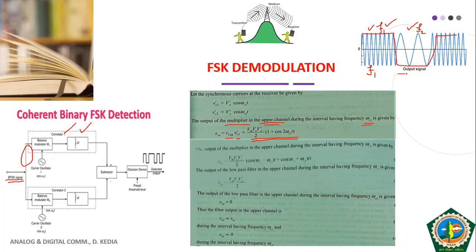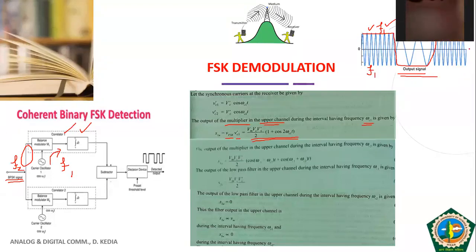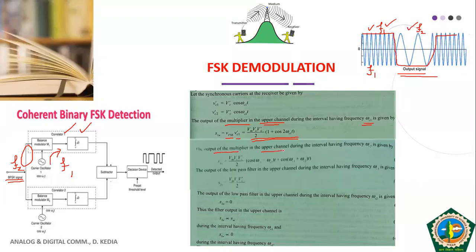Then subsequently we get the F2 frequency at the input from the FSK signal. When F2 comes here from FSK, your carrier oscillator is generating F1 only. So your F1 and F2 frequencies will be multiplied, and we get the sum frequency and the difference frequency. During the interval of frequency F2, the output of the multiplier in the upper channel gives the difference frequency and the sum frequency.